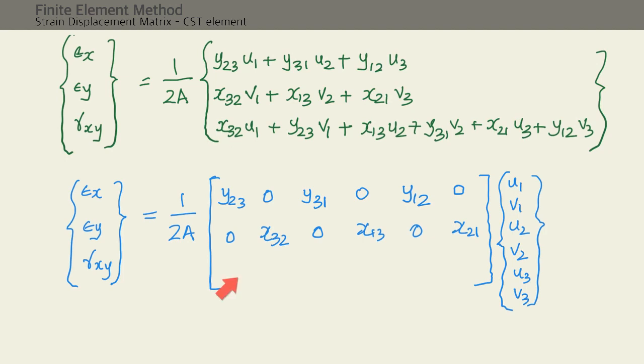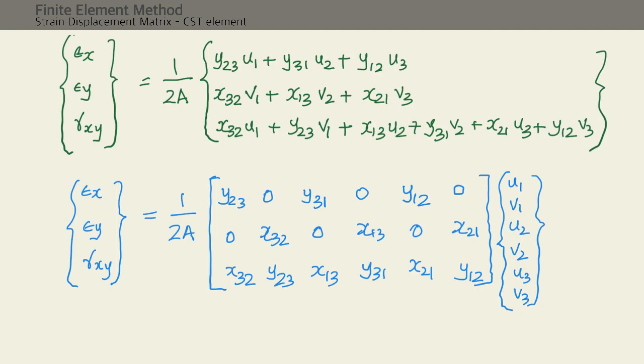The u1 coefficient is x32. Then you have y23, x13, and y31, x21 and y12.